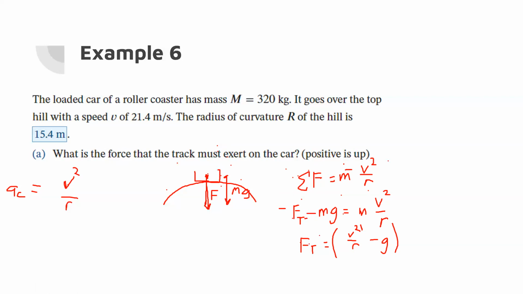And so this will actually be a plus here. All my negatives end up canceling out anyway, so it doesn't really matter at the end of the day. But since I defined up as positive, if I get a positive number, then it'll tell me that the force of the track is actually pushing up. Otherwise, it's pushing down.